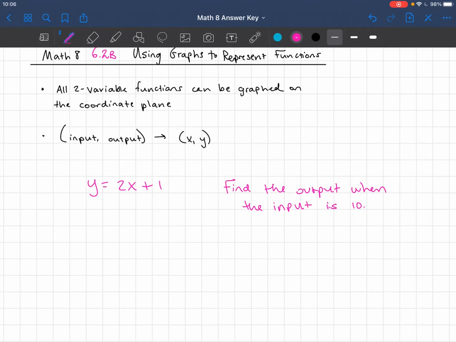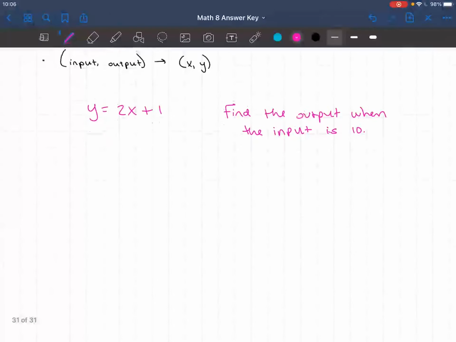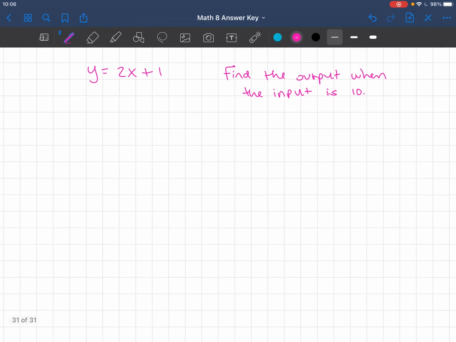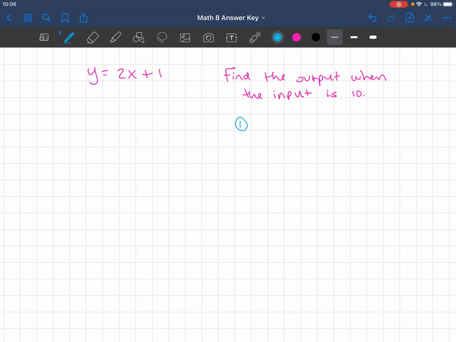Even if we did not have a graph, we could still do the same thing. Let's say that we're just given the function and we're told, find the output when the input is 10. You're going to have to pause the video here in just a moment. If we're given the input and we want to know the output, all we do is plug in the number that we've been given for the input, and we solve for the output.